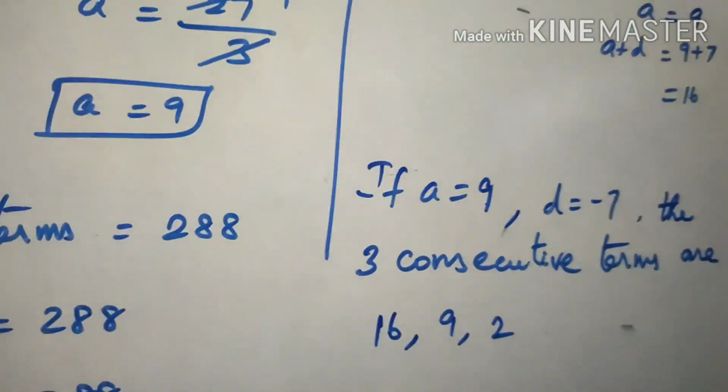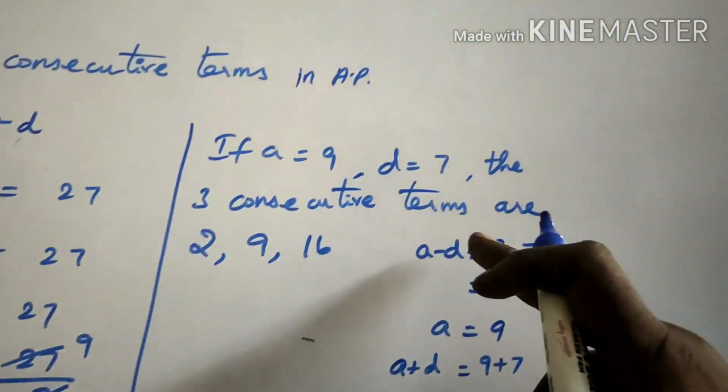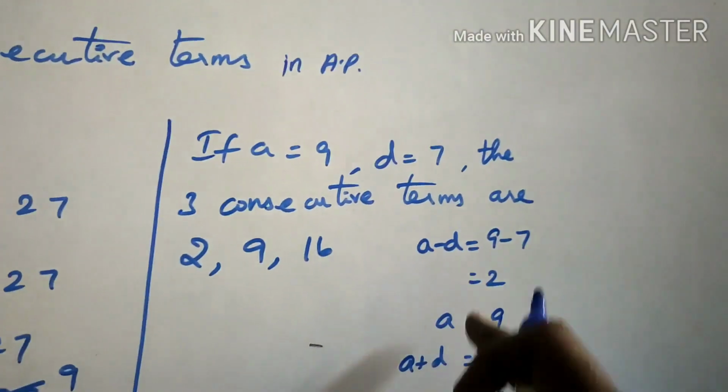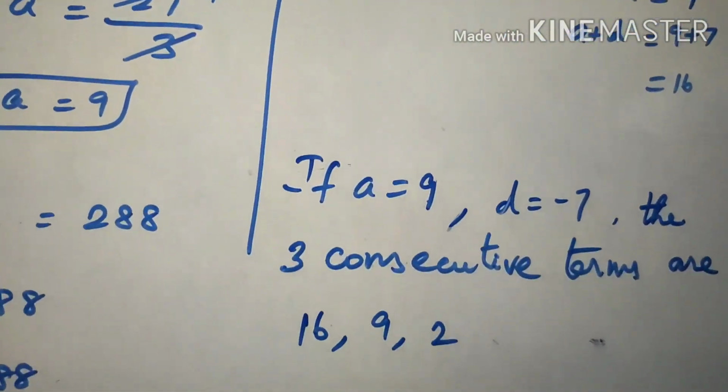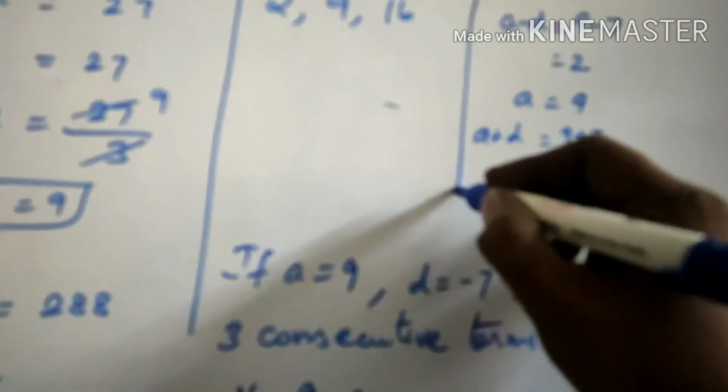If you substitute these values in this a minus d, a plus d, you will get this in this order only. Okay. So again, you need not do this work again.